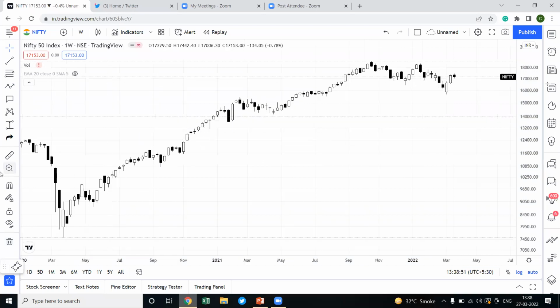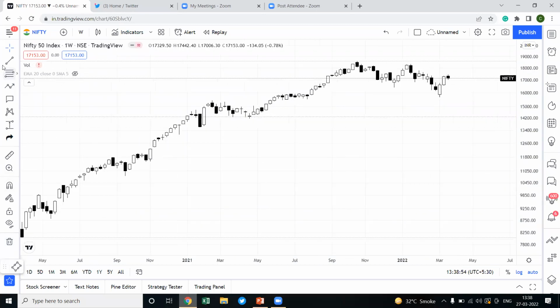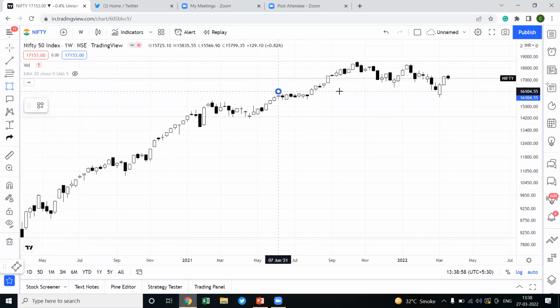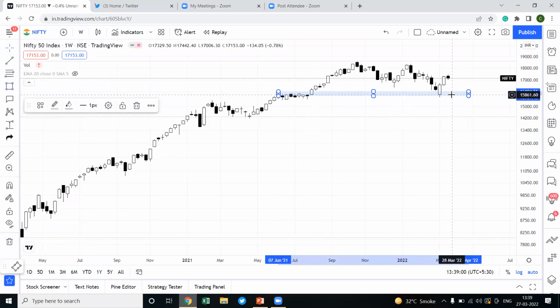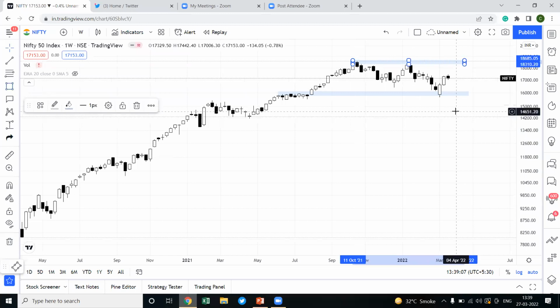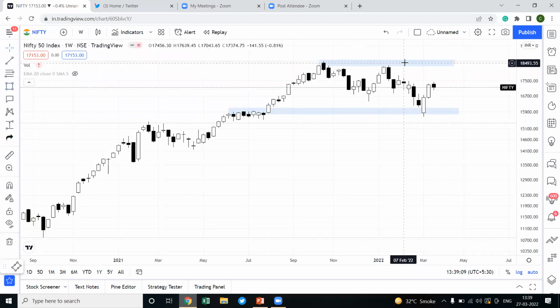Looking at the weekly chart of Nifty, we can see that there is a good support zone at this particular level, and it respected the level of 15,800. Whereas the first resistance, the largest resistance, is at 18,200 to 18,500. There is also a short-term resistance at 17,600.